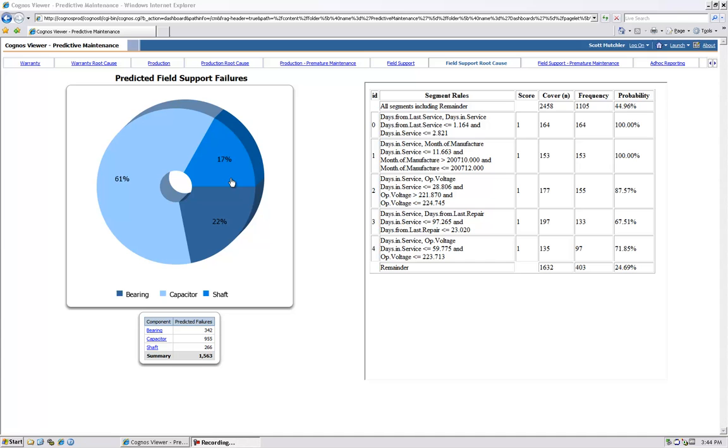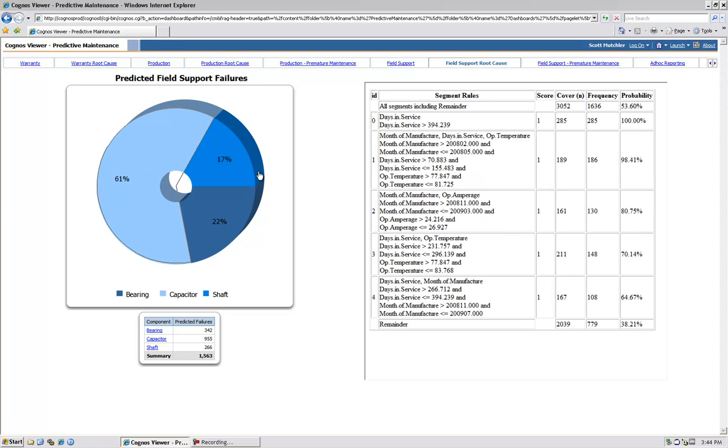But what's really nice here is that the SPSS predictive analytics have told us the specific set of operating conditions, manufacturing conditions, and also information about the days in service and maintenance schedule that is leading to failures. Let's drill down on our capacitor failures.